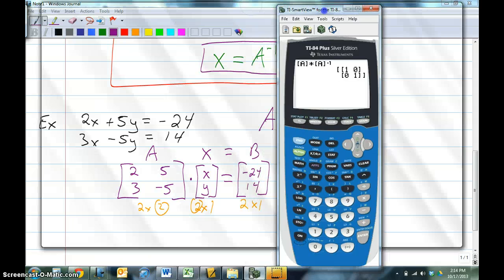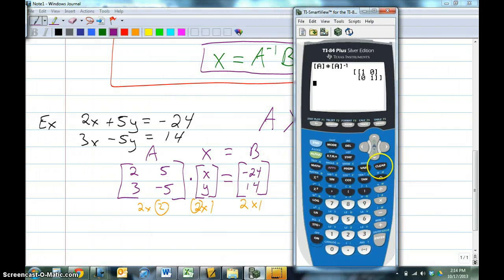Pull out your calculator. Clear everything out. We're going to go back to our matrices. We're going to put in matrix A and matrix B. So we're going to edit matrix A. It's still a 2 by 2. Only now it's different. 2, 5, 3, and negative 5.